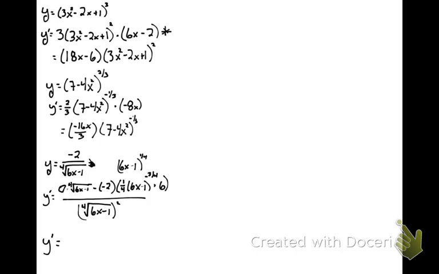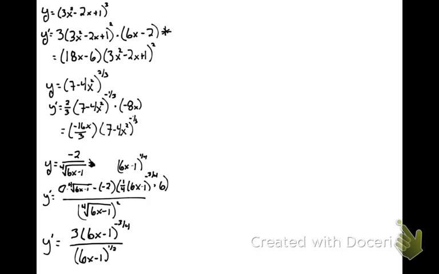So the numerator can become 3 times (6x - 1) to the negative 3/4, all over. We've got a 4th root squared, which is the same as (6x - 1) to the 1/2 power.